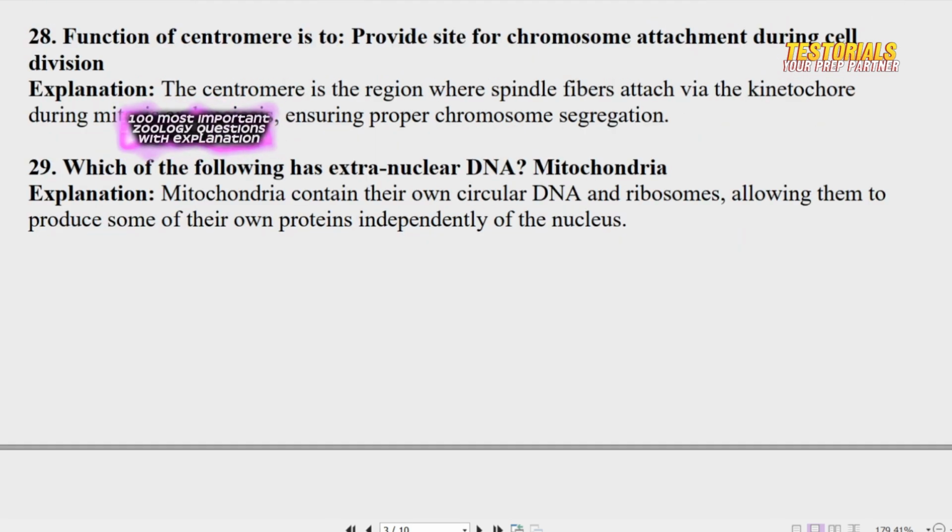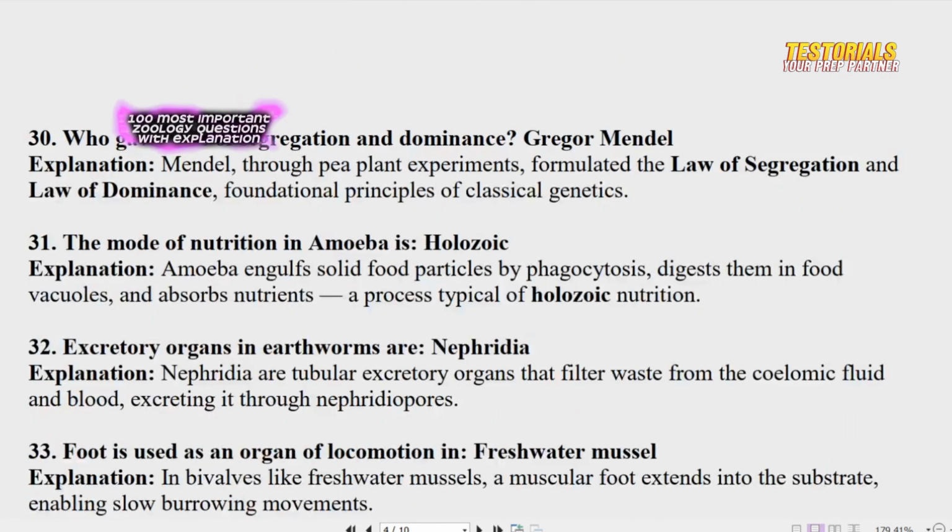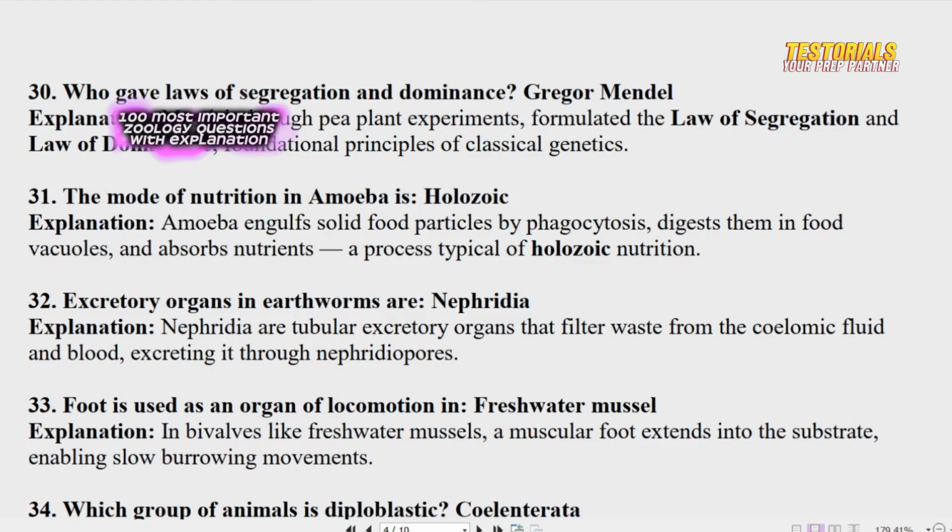Explanation: Mitochondria contain their own circular DNA and ribosomes, allowing them to produce some of their own proteins independently of the nucleus.